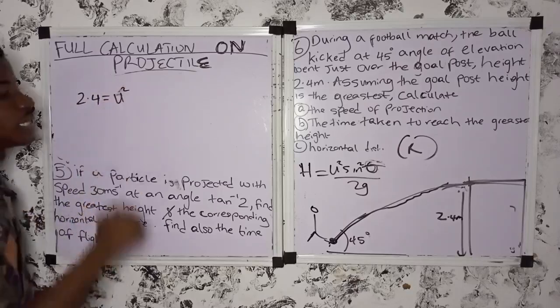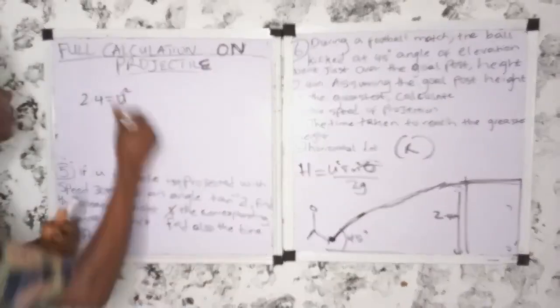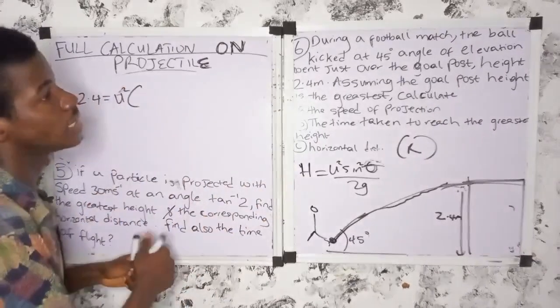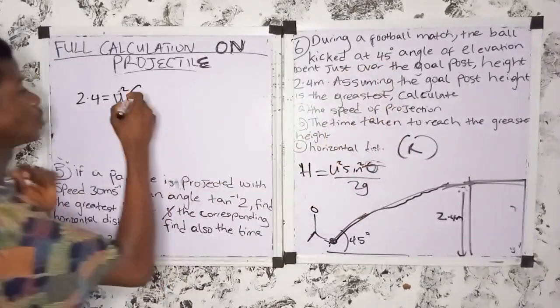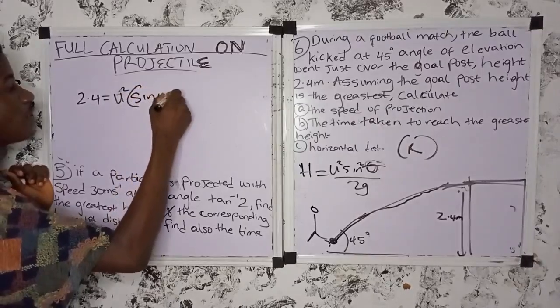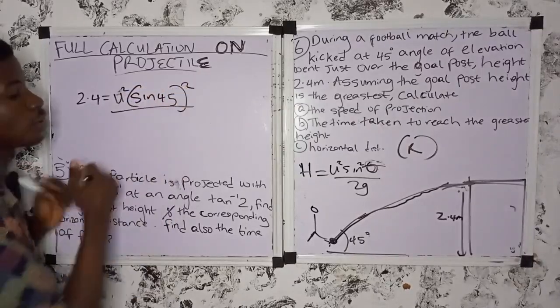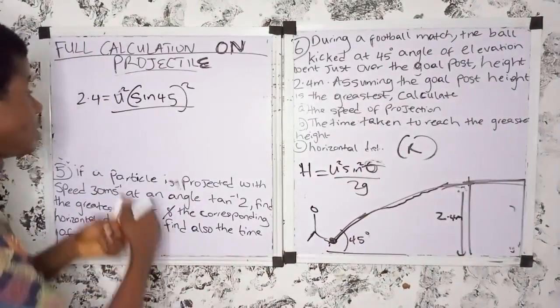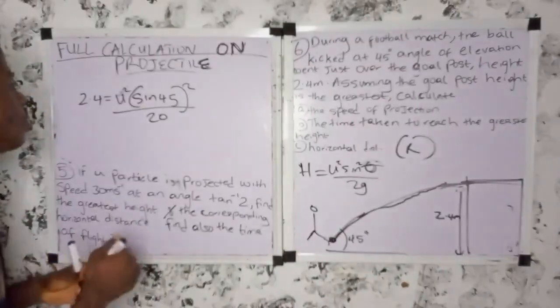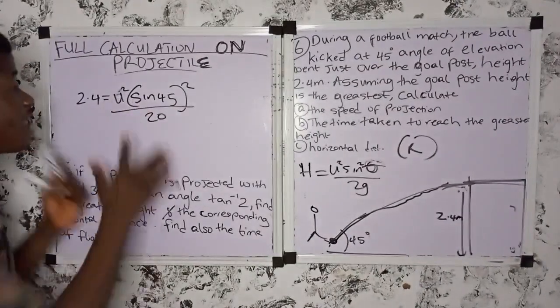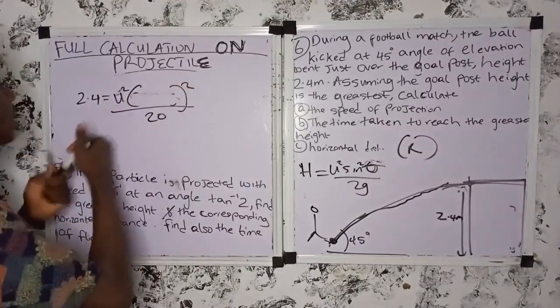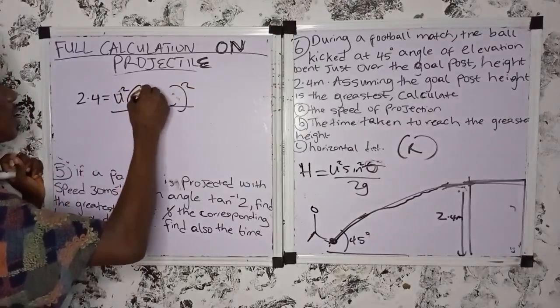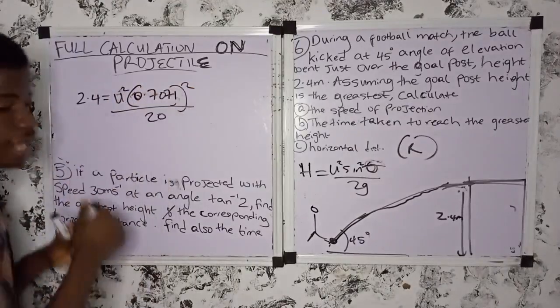u squared, then sine squared theta, right? Theta is 45, so sine 45, all squared, then divided by 2 times 10, which is 20, right? So we are looking for u squared. Now sine 45 is the same thing as 0.7071, right?